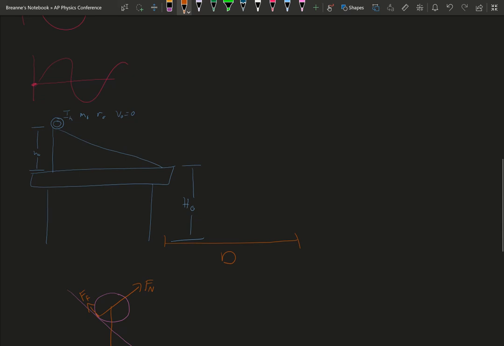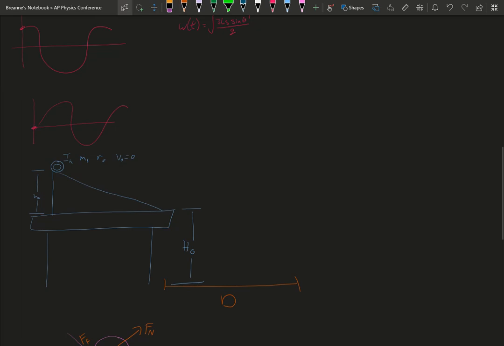The situation is repeated, but the hoop is replaced with a solid disk of less moment of inertia than the hoop, but mass is still m naught, and your radius is still r naught.